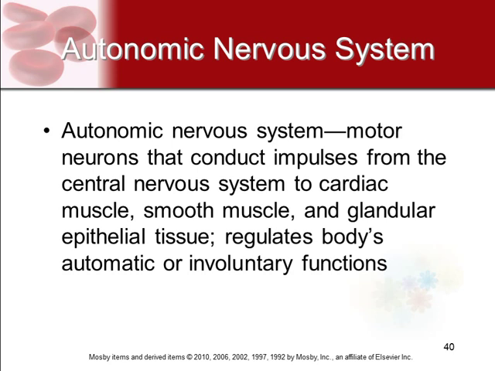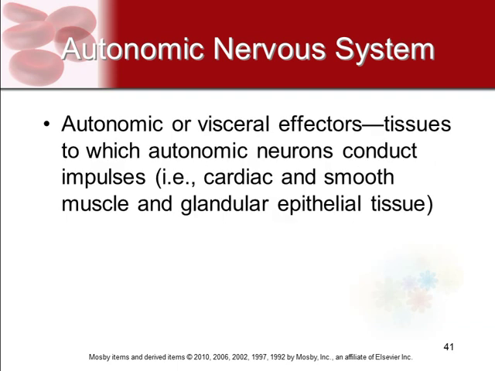That's why it's an autonomic nervous system. So those are your involuntary functions. And your autonomic effectors are the tissues in which they conduct the impulses. So it would be your cardiac or smooth muscle or the glandular tissue that it affects.